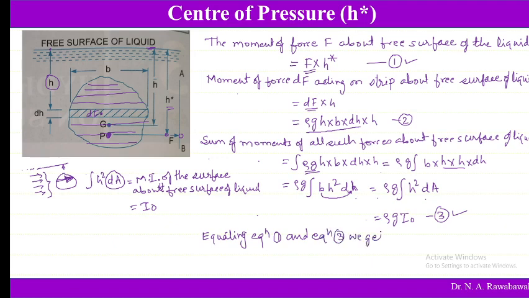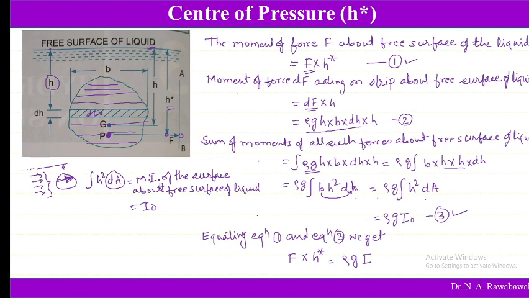We get F into H star is equal to rho g I naught, or this is the H star.